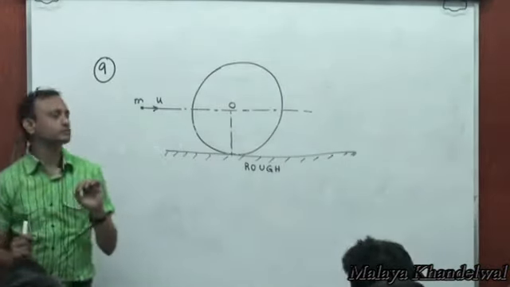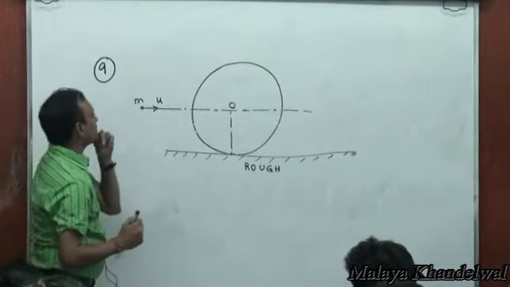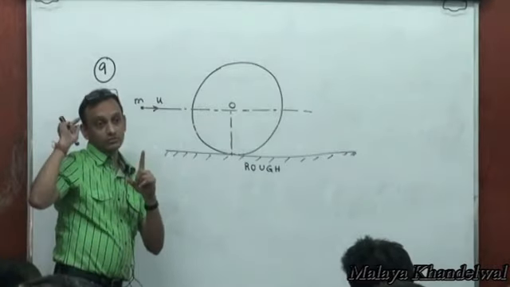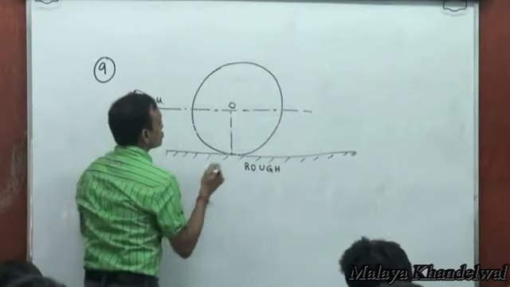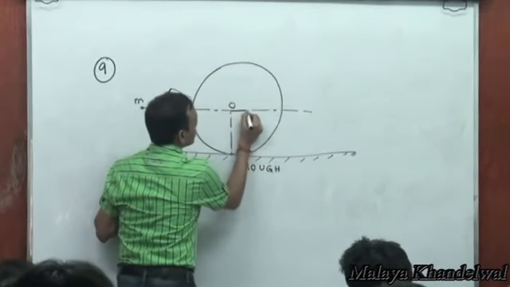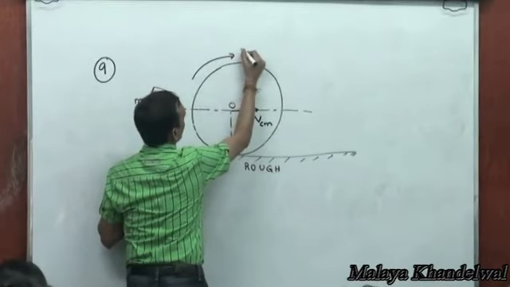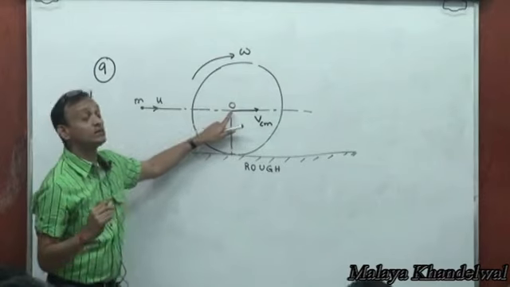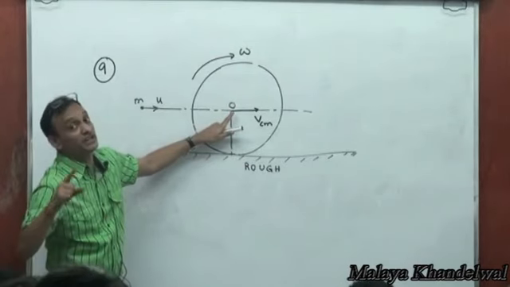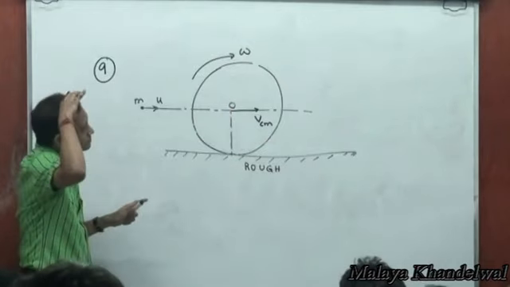Now, realize that just after the impact, for the disk alone, there is a VCM and there is an omega. For the disk alone, where VCM is the velocity of the center of mass of the disk, not the disk plus the particle, just the disk alone.